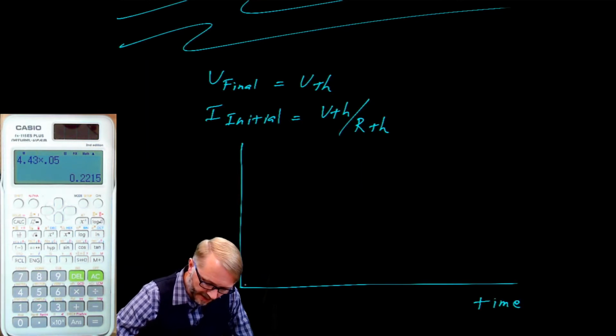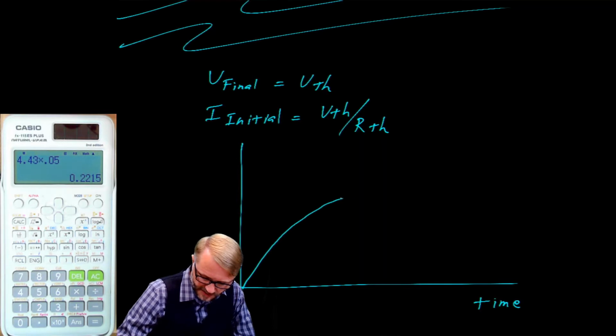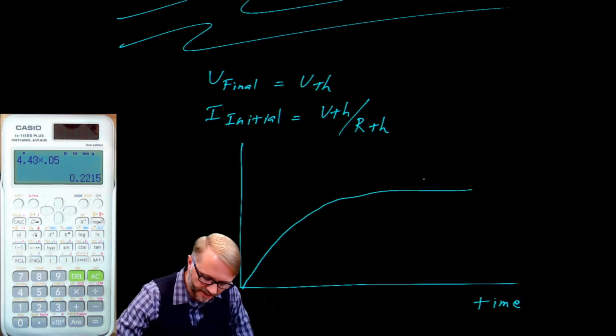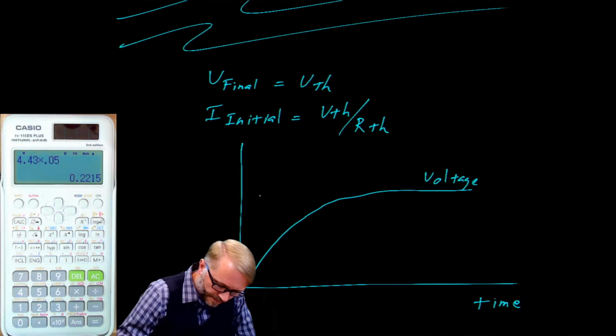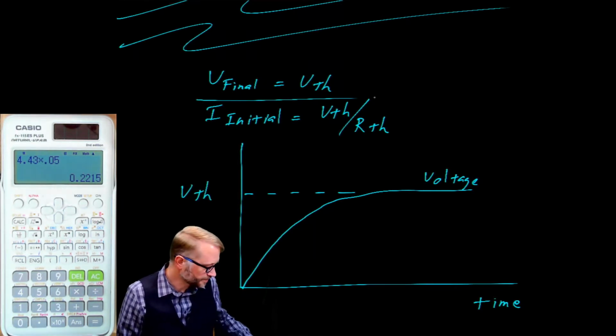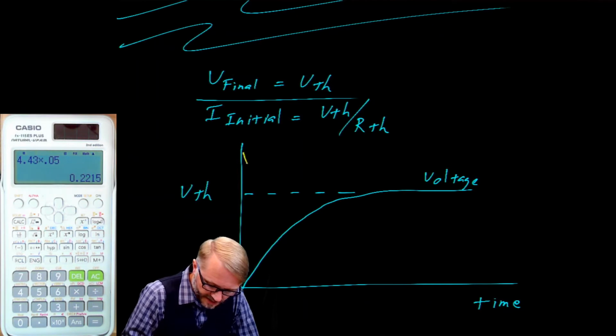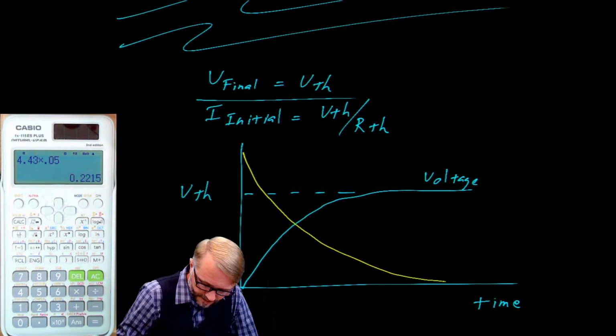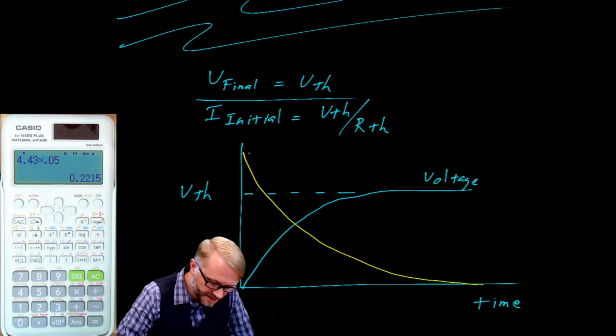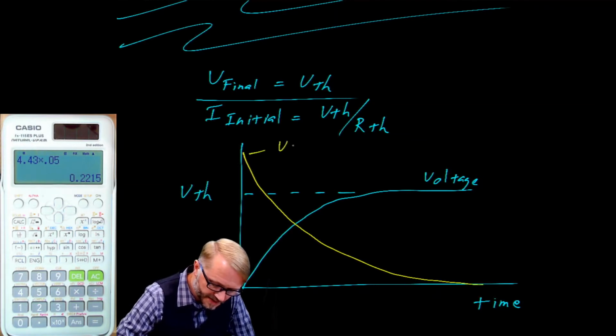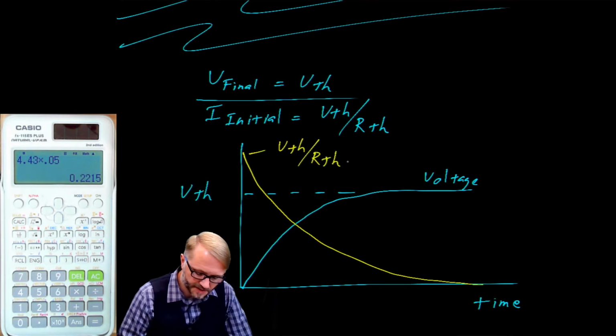We start out at an initial voltage, and we have this curve, which we've explored many times before. This is the voltage curve. And we know that we will charge to the Thévenin voltage, which is exactly what we say here. The current will have a curve that looks like this. So this is your initial current, and that is the Thévenin voltage divided by the Thévenin resistance.